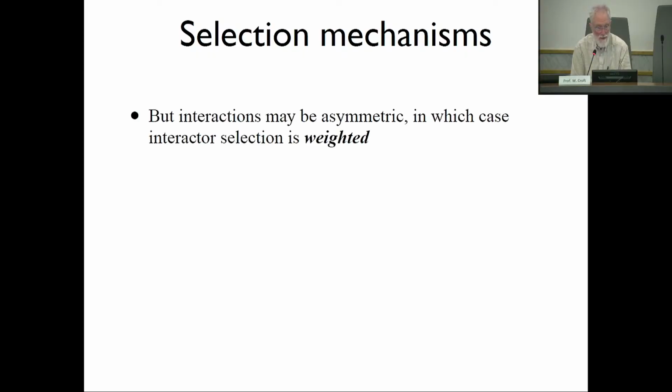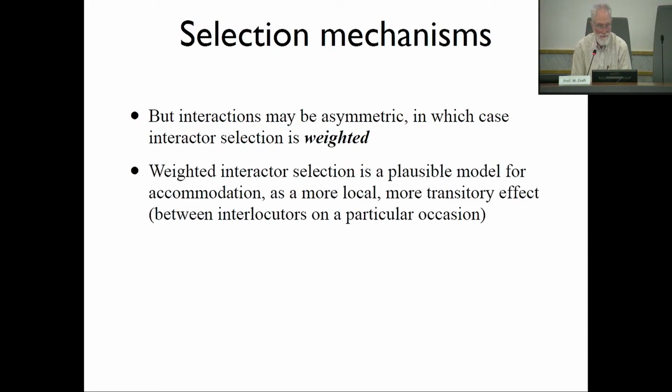So I mentioned that there are actually four of them. The third one is when the interactions between the people are asymmetric. That is, I talk to you and I give what you say back to me more weight than when I talk to someone else. We call that weighted interactor selection.